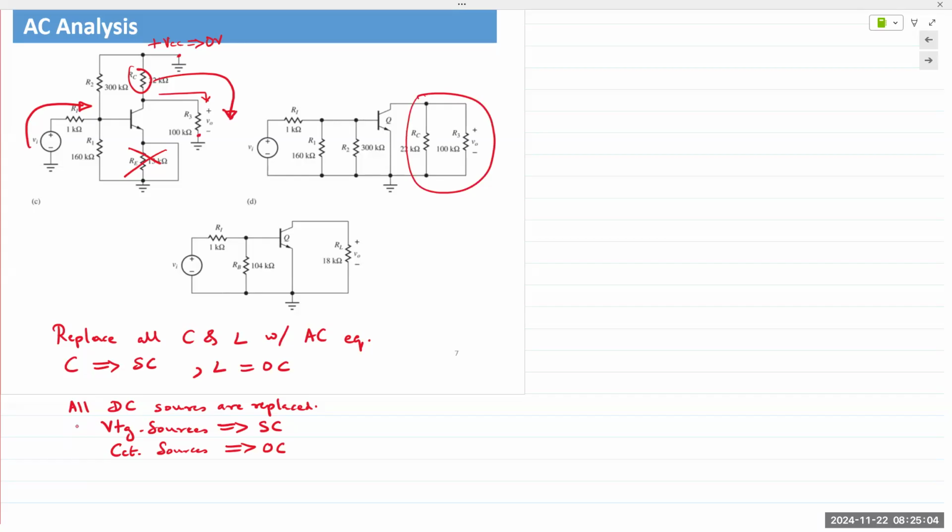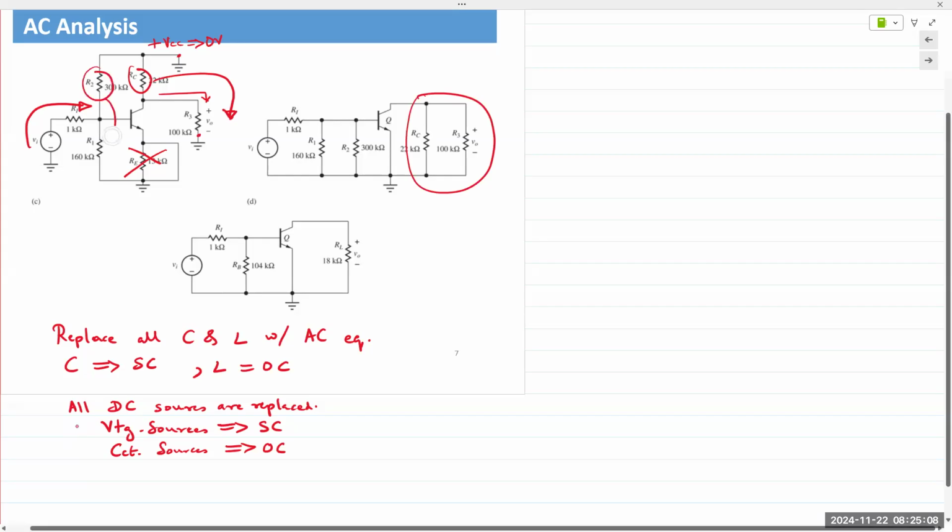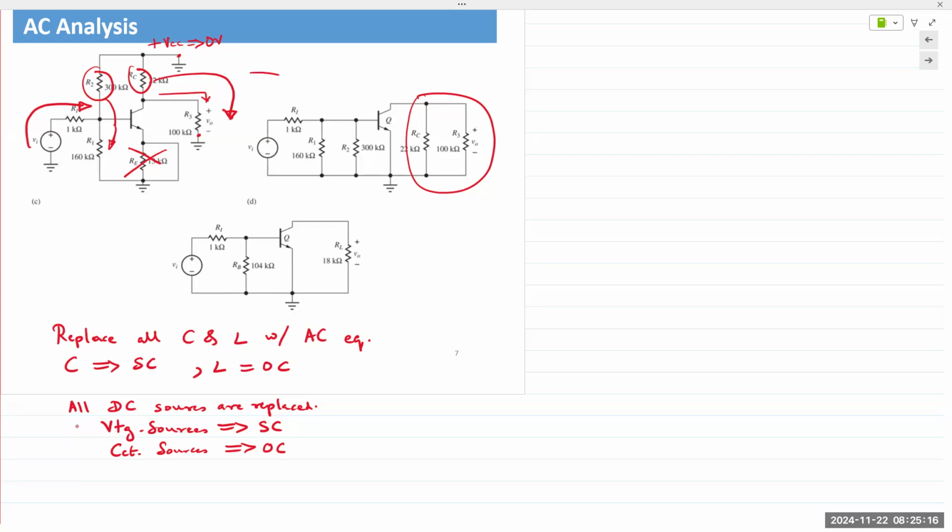At the same time, R2 is also brought in parallel with the other base resistor, R1. And so the circuit becomes like this. You have R1 in parallel with R2, and then your collector resistor is now in parallel with the output resistor.